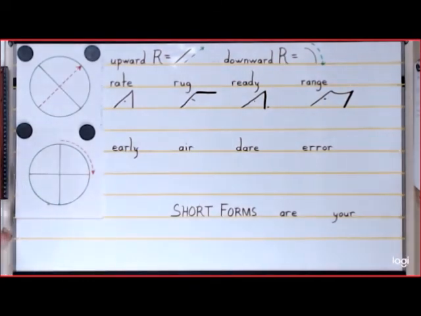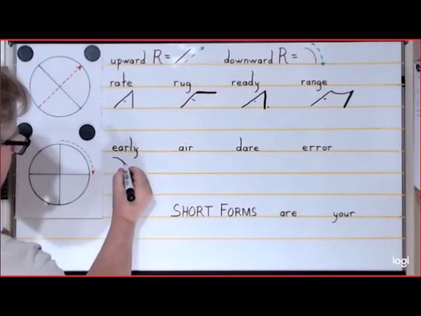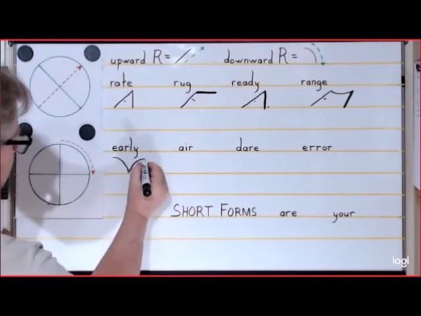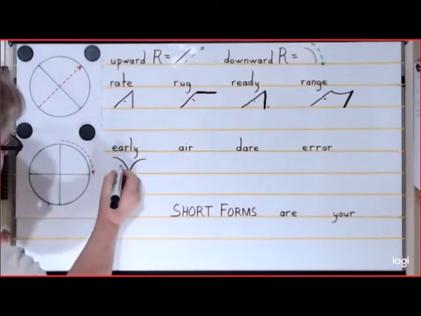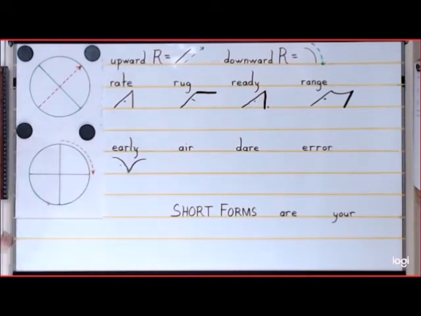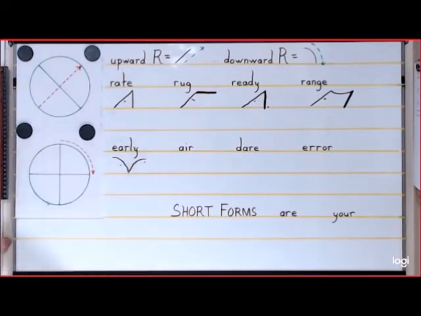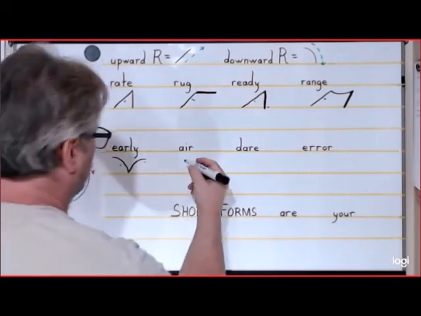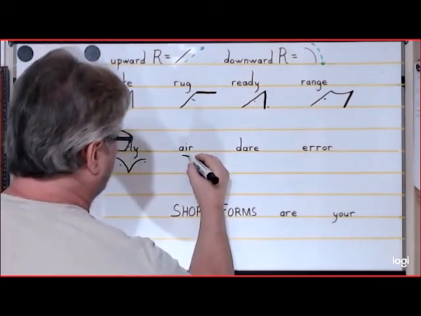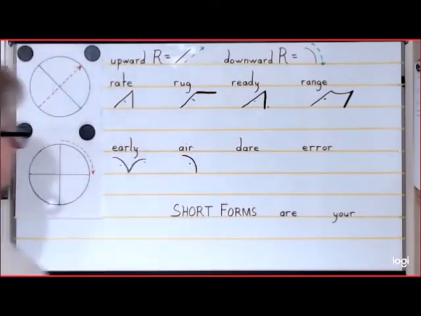The word early, it is a downward R and then an L, and we'll write the light dot here before the R, and then a light dot after the L in the third position. The word air, it is downward R with a heavy dot before it.